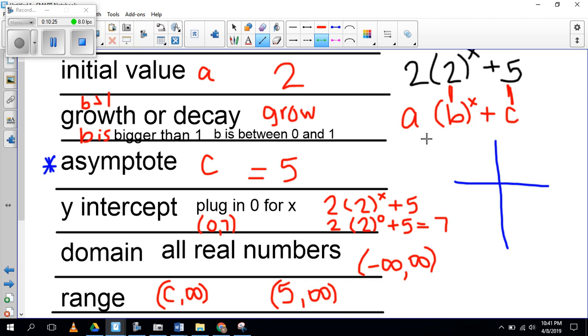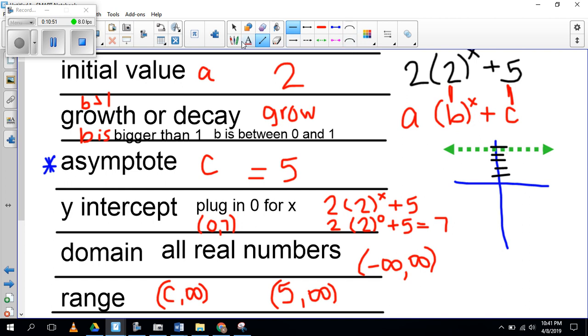So it is never going to cross where y is 5. So y is 5, I'm going to say here. And I can do my little line so you can see it. Here's 1, 2, 3, 4, and we're going to say this is at 5. So this is where my graph is never going to touch.